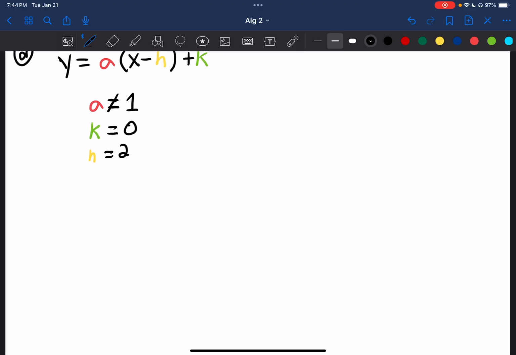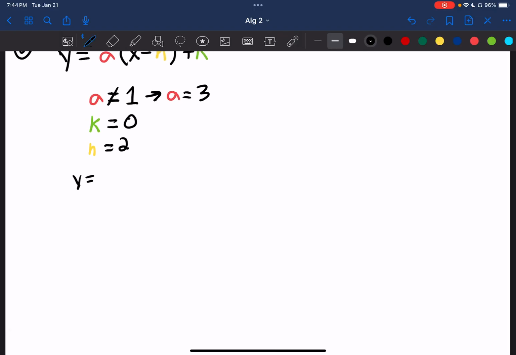But let's say now a does not equal 1. Let's say instead that a was equal to, let's go with 3.